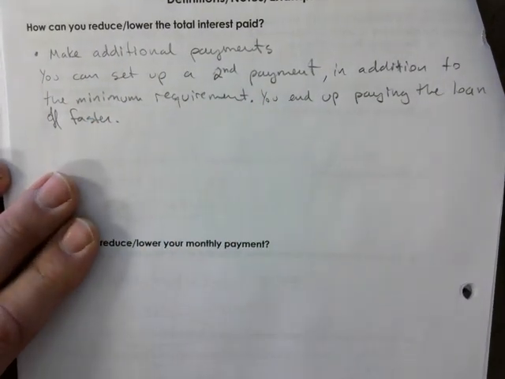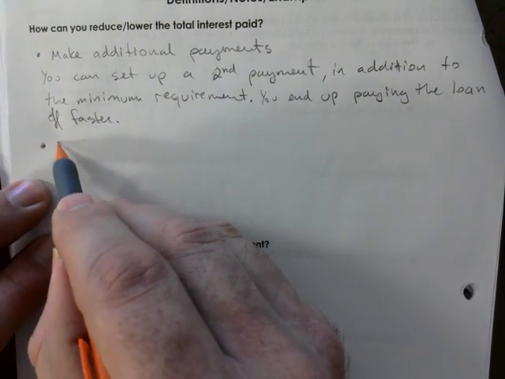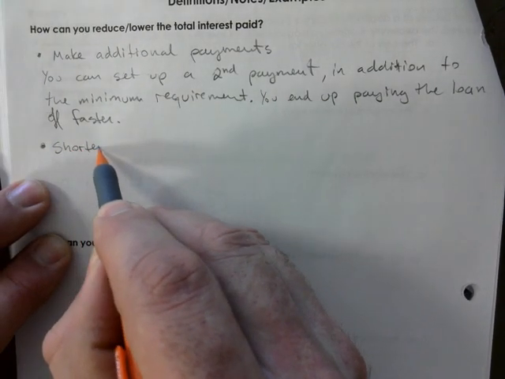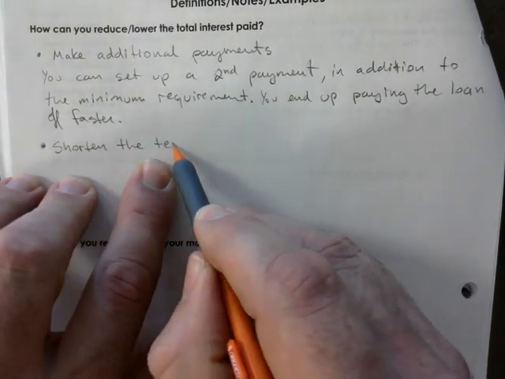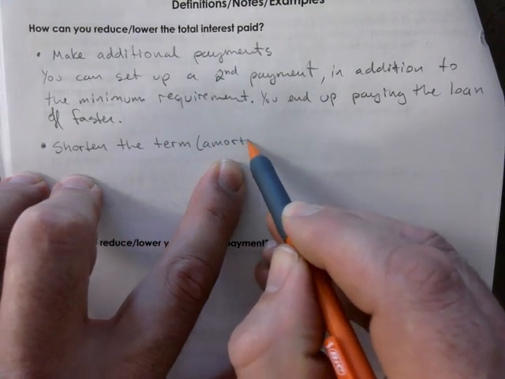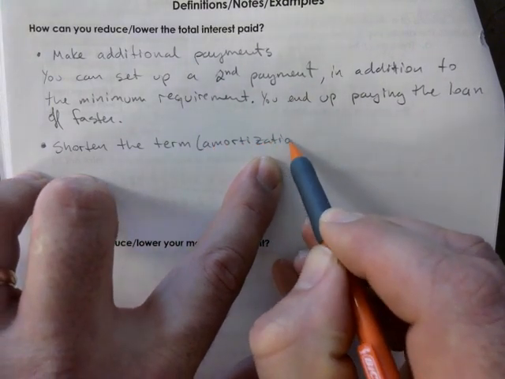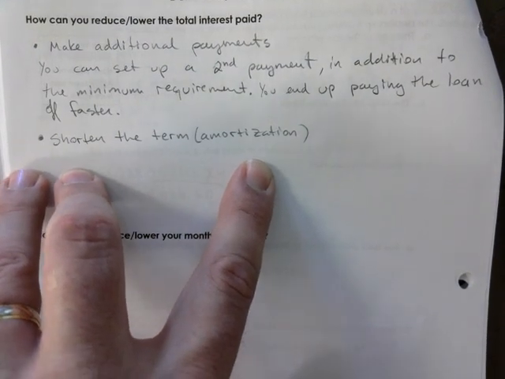Layman's terms, right? You can also shorten the term or the amortization. Shorten the term or the amortization of the loan, right?